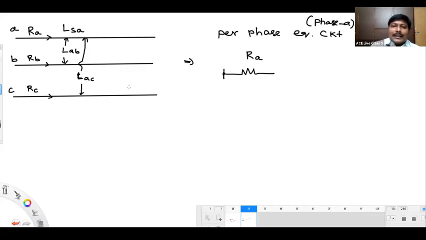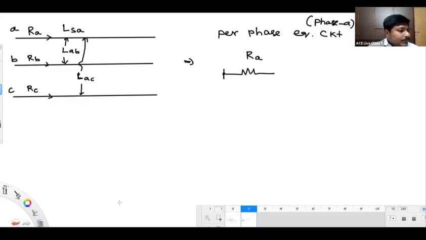Now we have to keep some phase A inductance in the equivalent circuit. Which inductance should we take now? Is it self-inductance or mutual inductance or a combination?